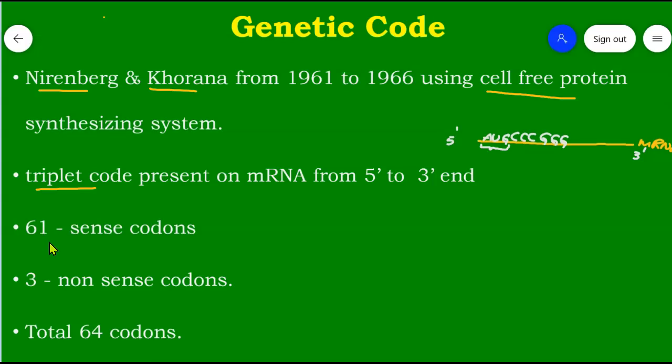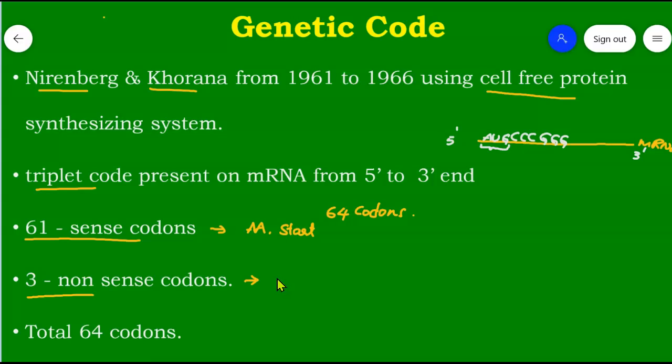How many codons are present? Total codons in the genetic code are 64, out of which 61 codons are called sense codons and 3 are called nonsense codons. That means 61 codons code for an amino acid, or they code for the start signal, but 3 codons do not have any amino acid.